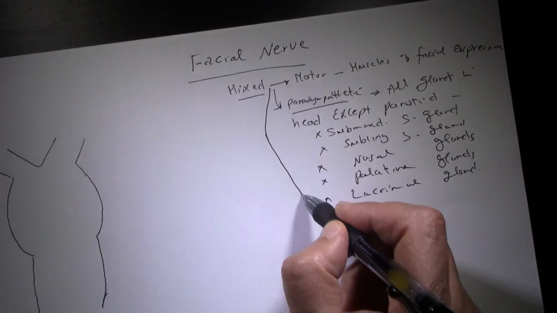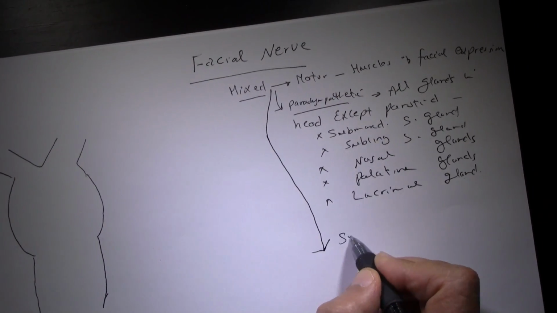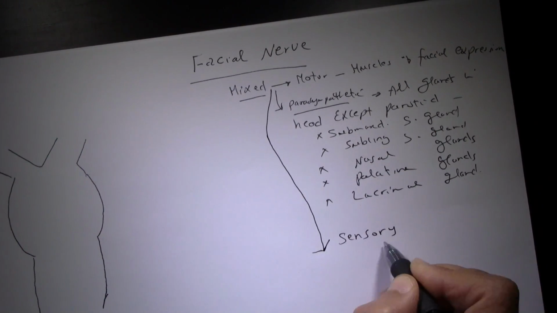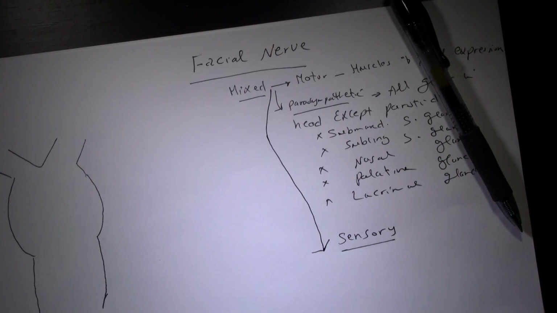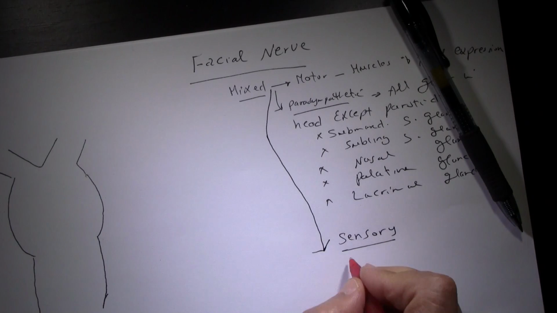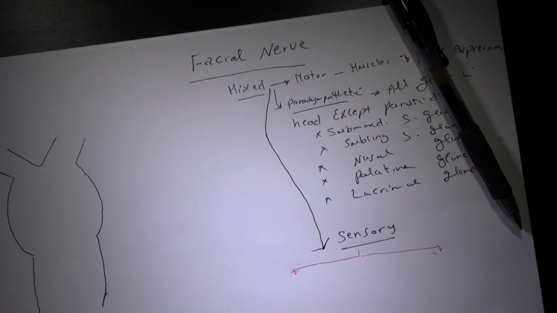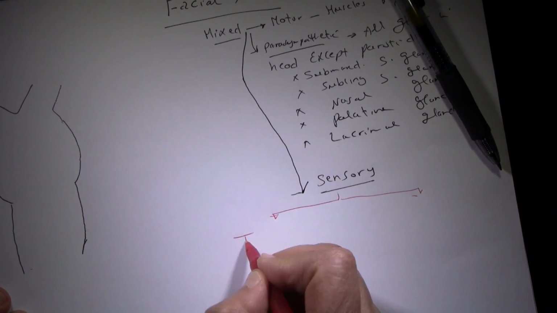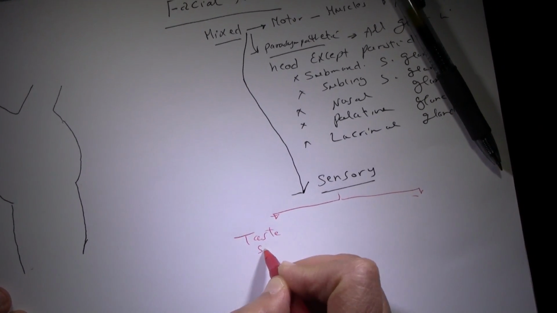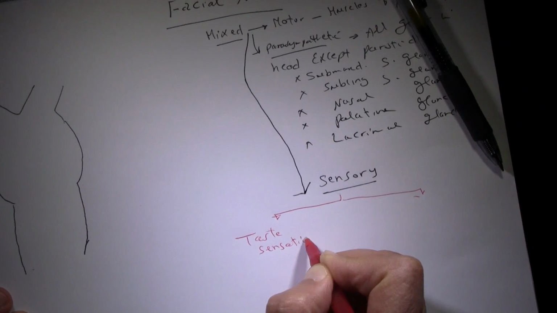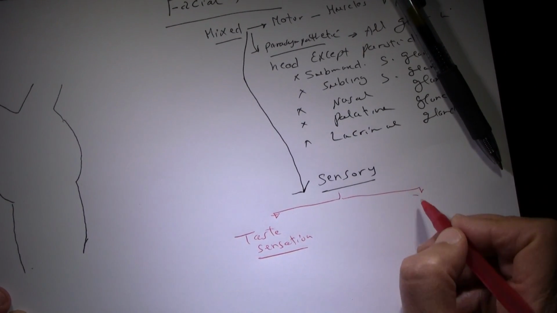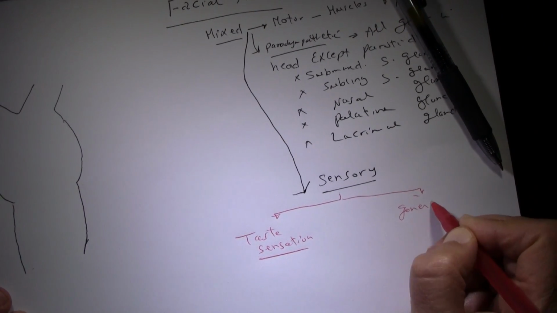Then it has sensory fibers, and we're going to stop here at the sensory fibers because we have two kinds of sensation. The first one is taste sensation, and the second is general sensation.